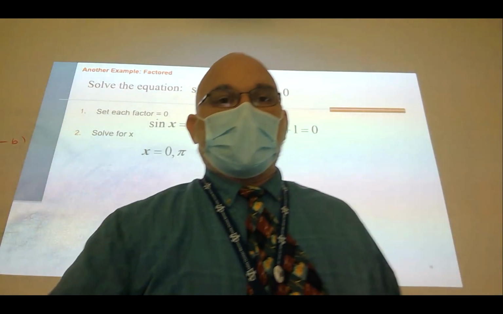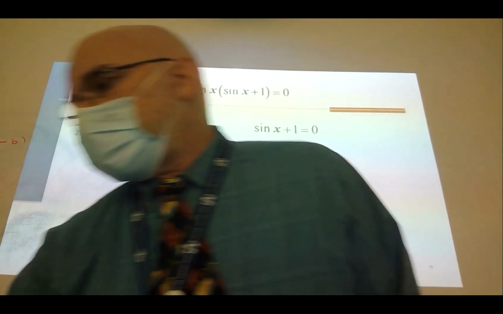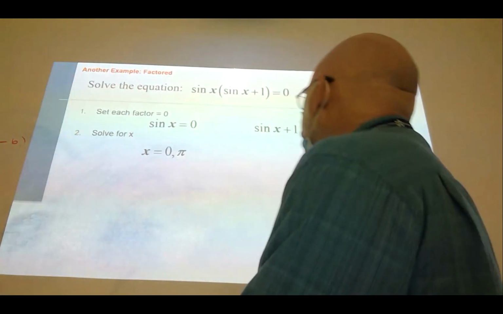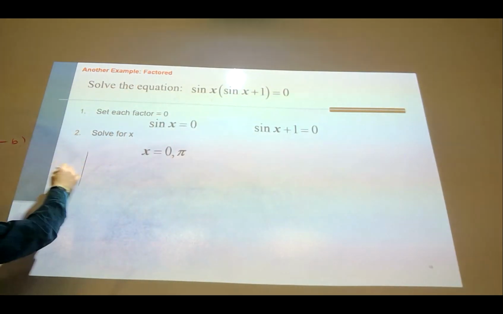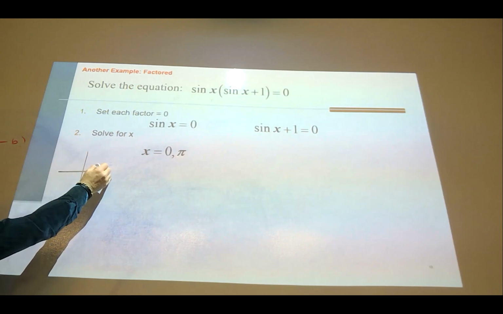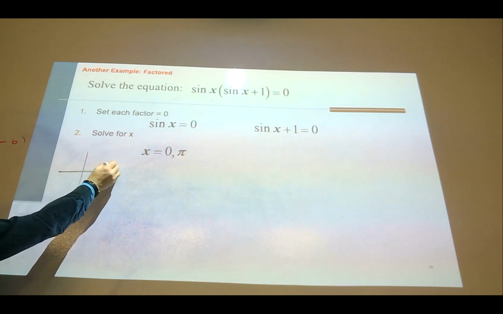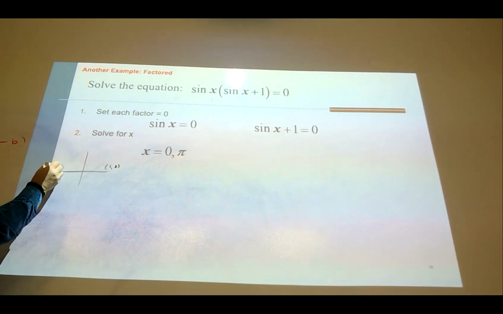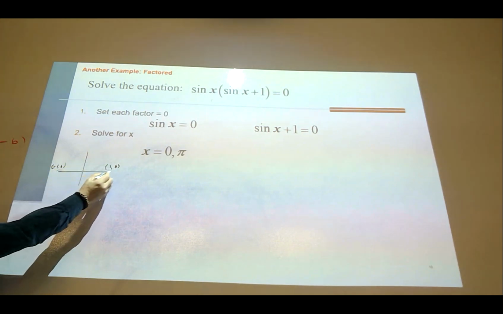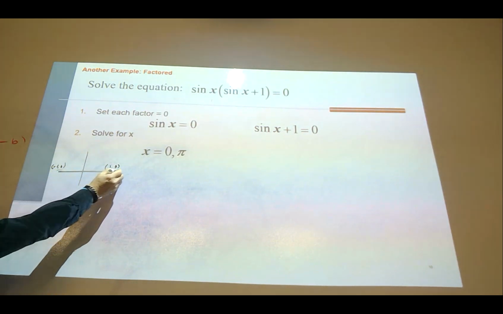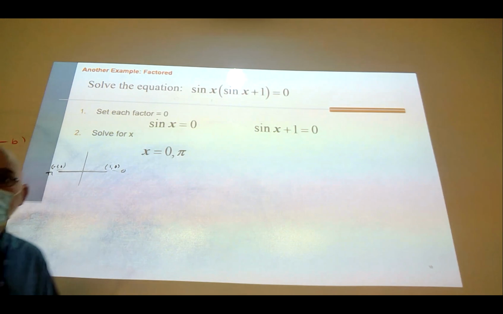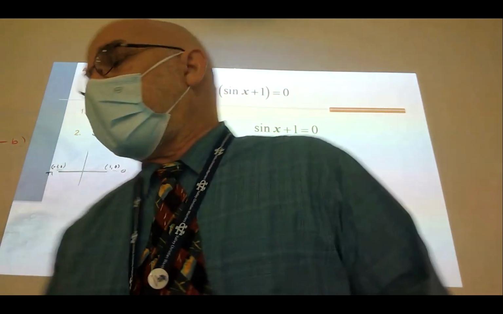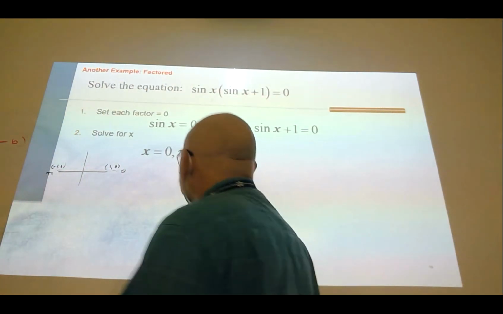For the first one, sine of x is equal to 0. That's here at 1, 0, and here at -1, 0, so at 0 and pi. But don't forget that we have to add 2 pi to each one.